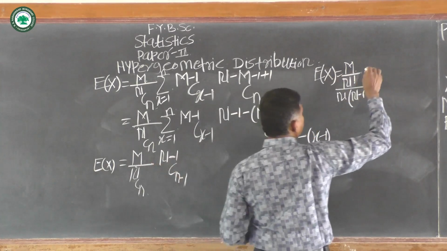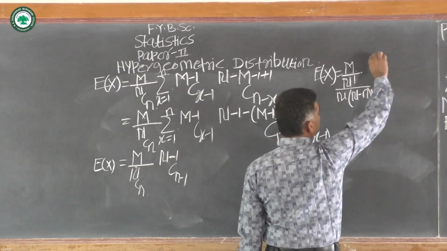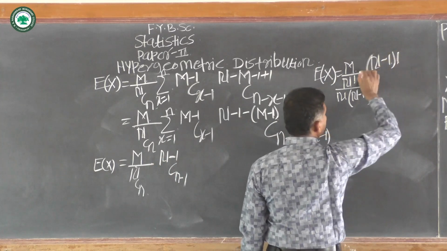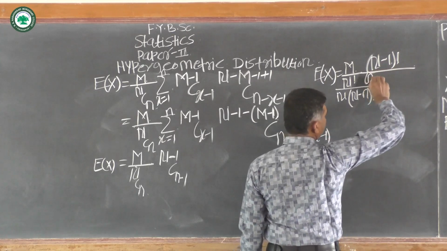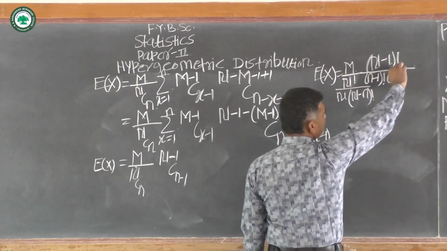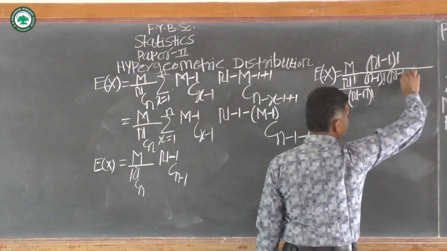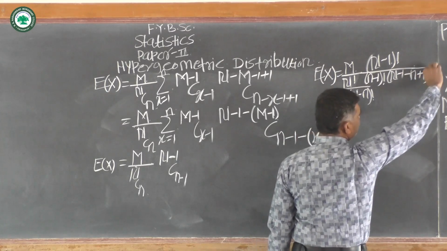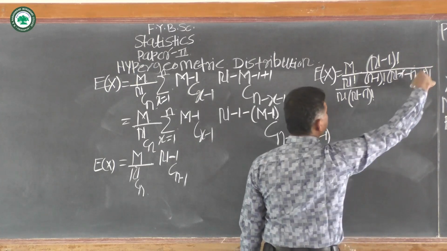Now this also can be written as (N minus 1) factorial upon (n minus 1) factorial into (N minus 1 minus n plus 1) factorial. Here minus 1 plus 1 gets cancelled.